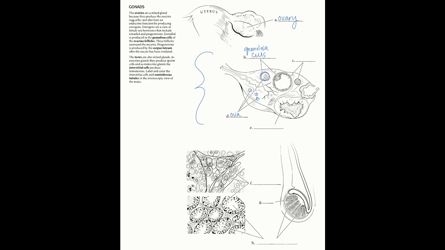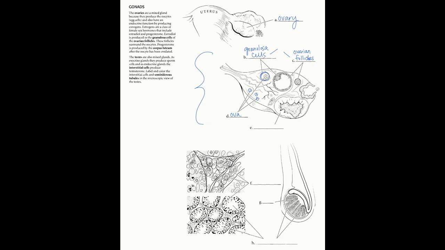And we're also going to have these follicles in the surrounding area as well, called ovarian follicles. And what happens is we're going to have estradiol and progesterone produced by these cells and released at these follicles to help prepare that egg.